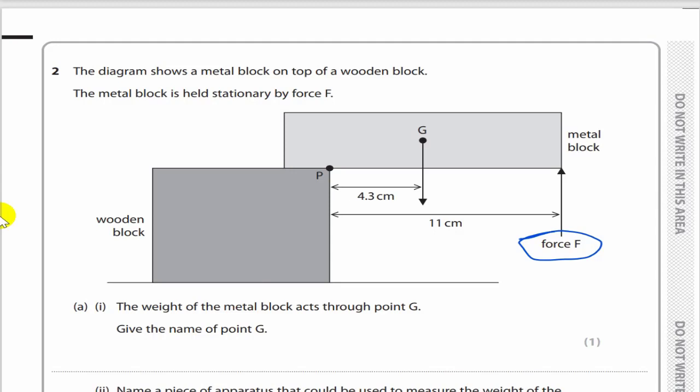The imaginary point where the total weight of the object is considered to act is known as the center of gravity.